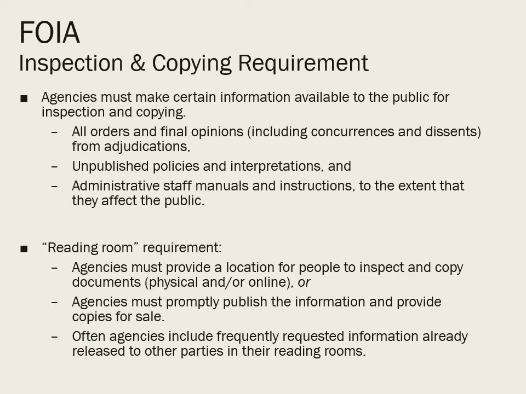Instead, you just jump online, go to the agency's electronic reading room, and look for the documents that they have made public. A lot of times, agencies actually include frequently requested information that's been released under prior FOIA requests. They put that in their reading room because they realize that people are really interested in something in particular. Universities, for instance, get a lot of these pouring rights contracts, which is why campuses either have Coke or Pepsi.